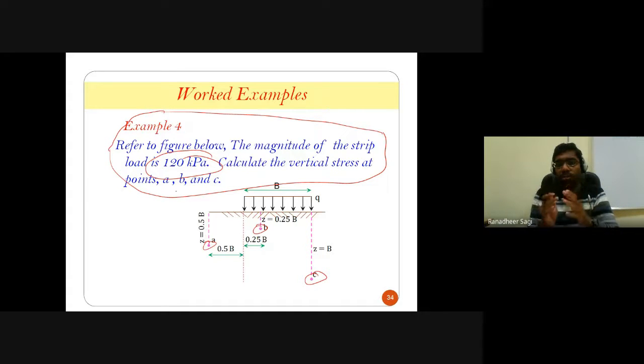With respect to point B, how much is your alpha angle, beta angle? With respect to point C, how much is your alpha angle, beta angle? And upon substituting, you will get the increment in vertical stress at the different points existing below the ground surface due to a given strip load.